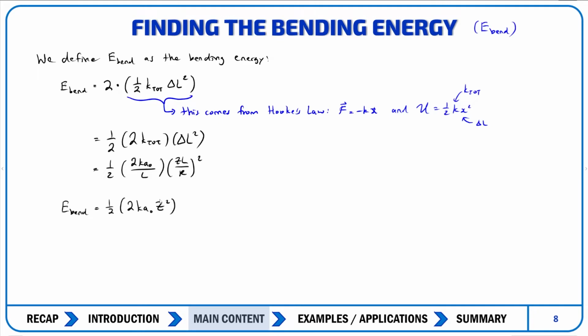You can try to figure this out yourself. I have the Z squared over here. I'm moving it over to this side. And then on this one, I have L over R squared. So I've simply expanded everything and rearranged everything to look like this. Now, why did I write this in this particular way?